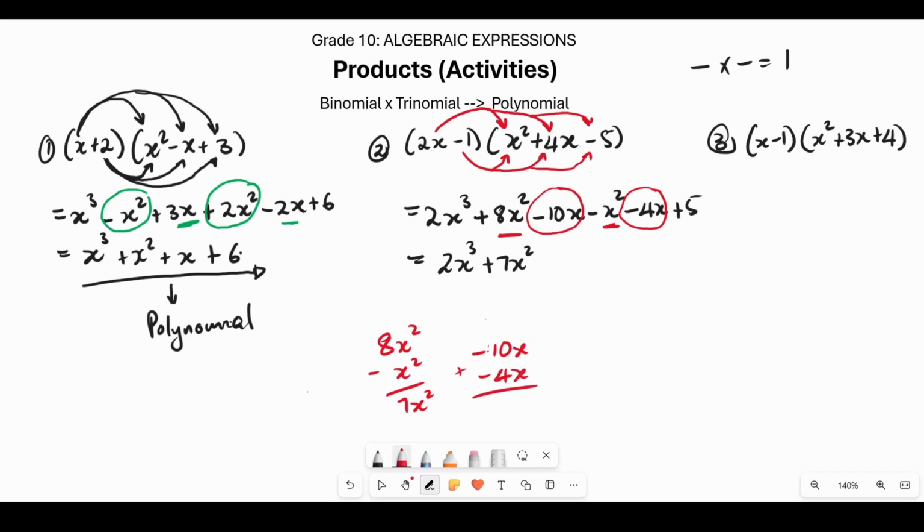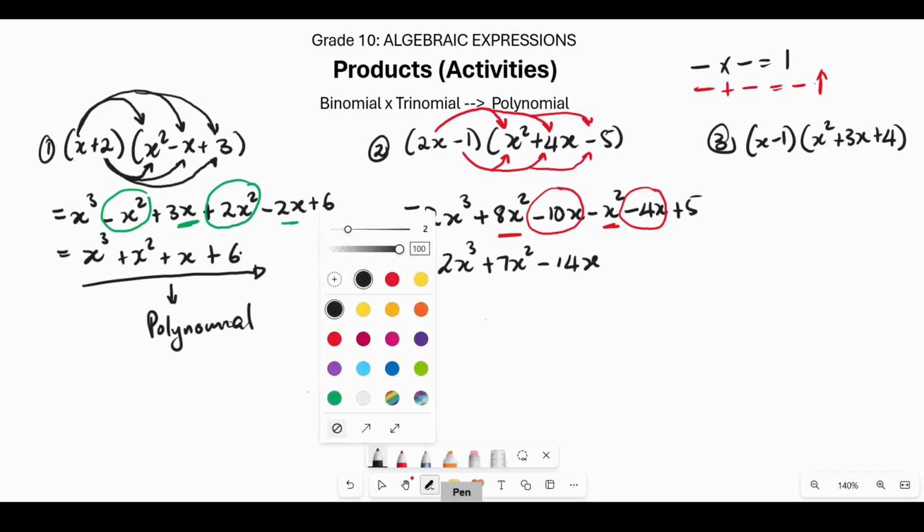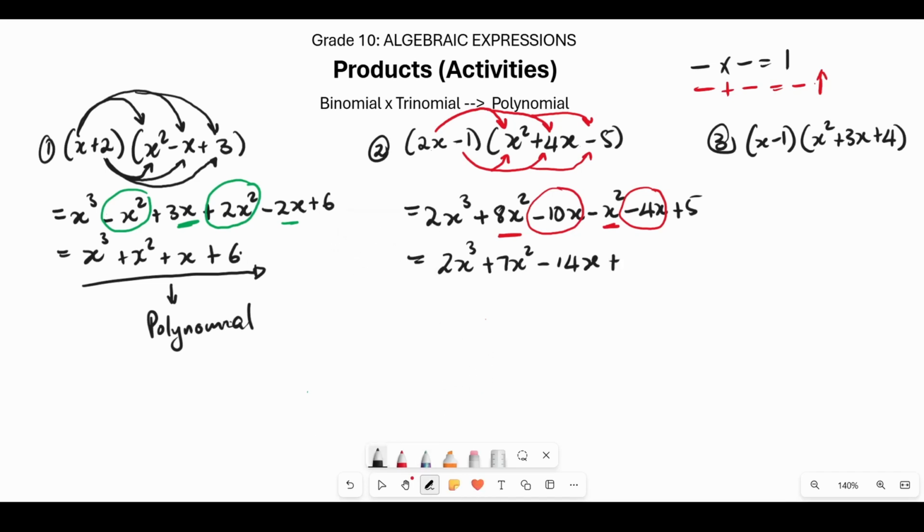Thus they will add up, because a negative plus a negative, you still get a negative, but the number increases with the values. So it's going to be minus 14x. Then I move forward with the last one, which is just my constant, 5.